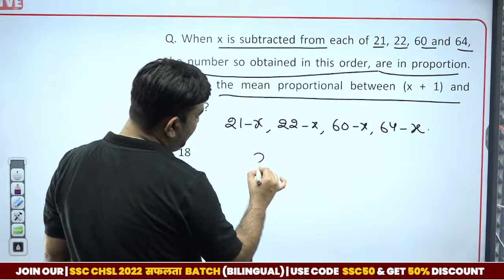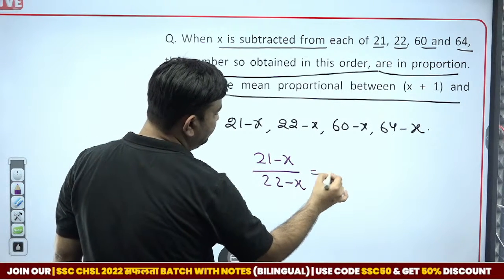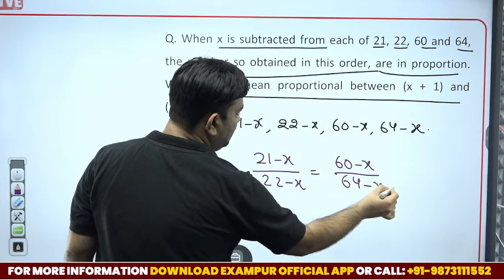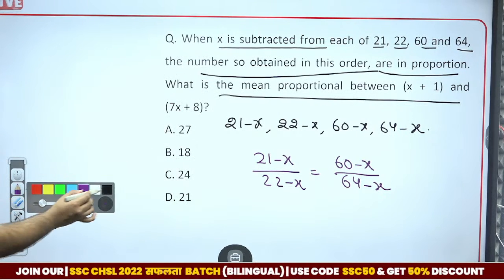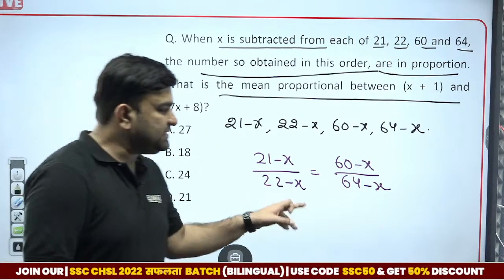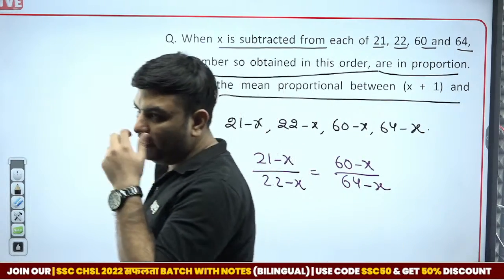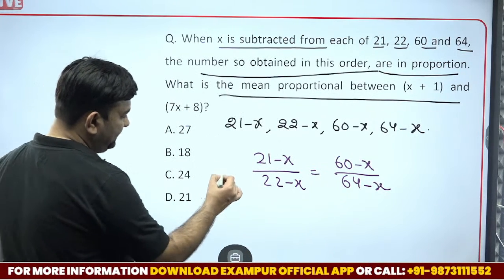So what is the condition of proportionality? A upon B is equal to C upon D. This is looking like a difficult situation to solve. So I will play a game over here.